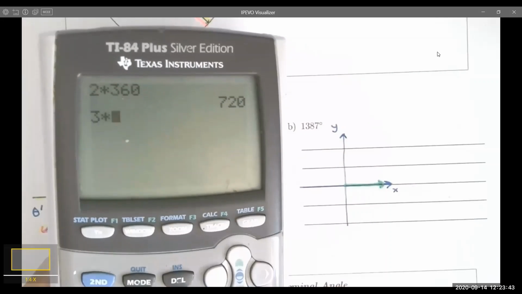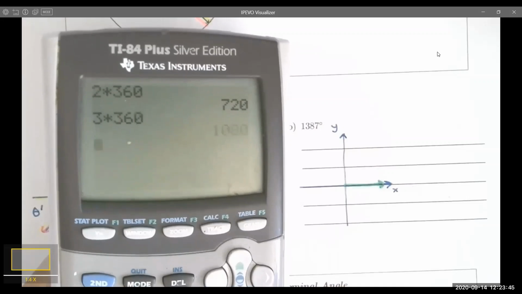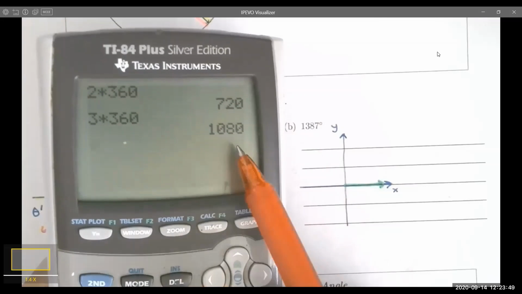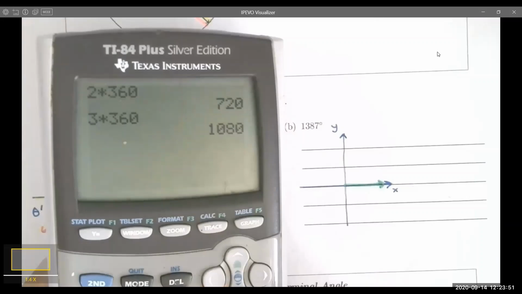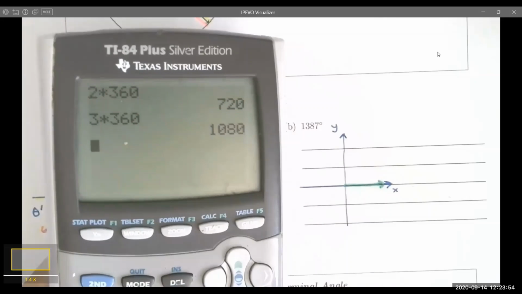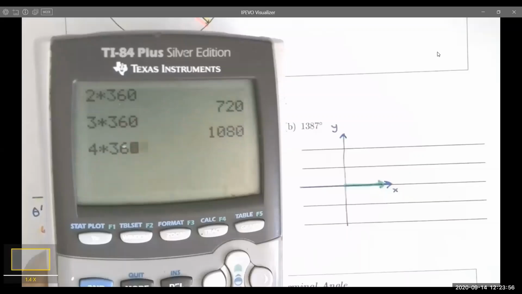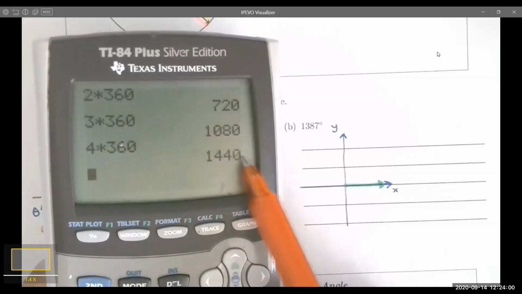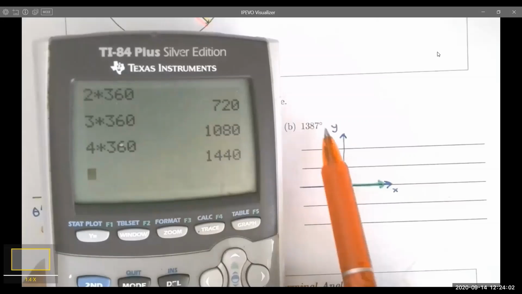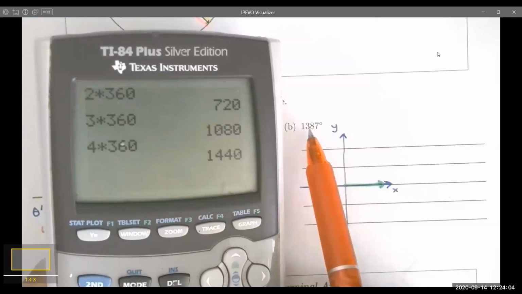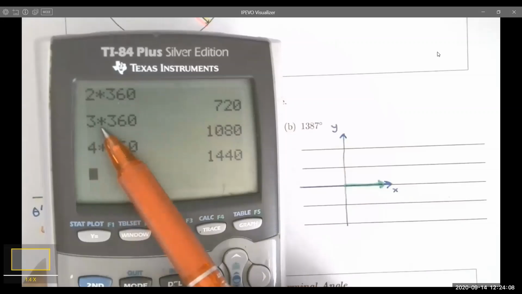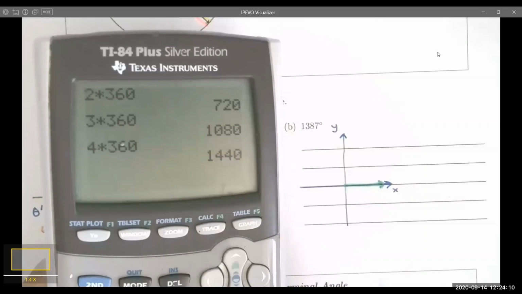Let's try 3 times 360, which is 1080. 1387 is larger than 1080, so we're going to continue. 4 times 360 gives us 1440. 1440 is larger than the given angle. So what that means is that 1387 will complete 3 full cycles and then some additional number of degrees.